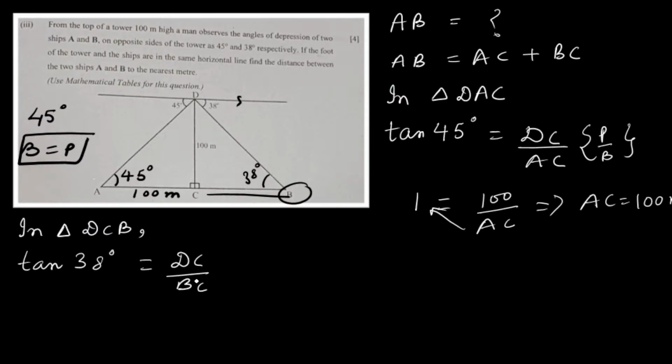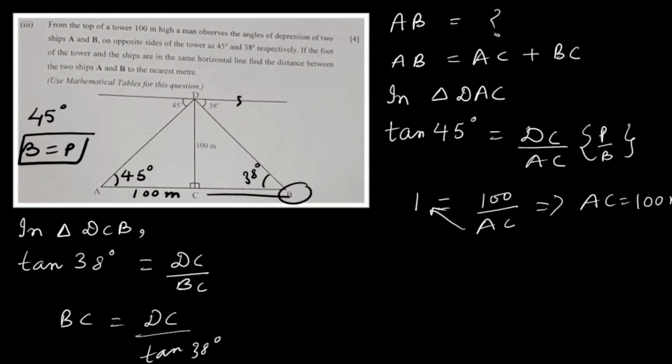Now if I have to find BC, it will become DC divided by tan 38. So that will be quite lengthy because division is very lengthy, that too division with 4-digit number.